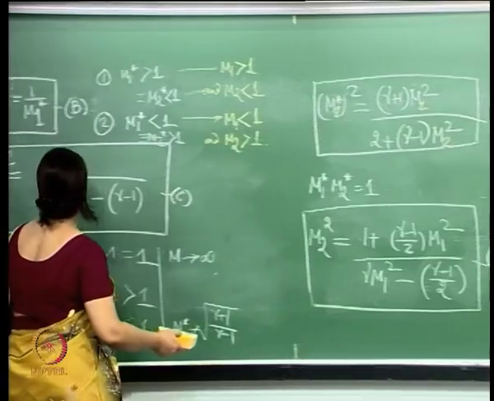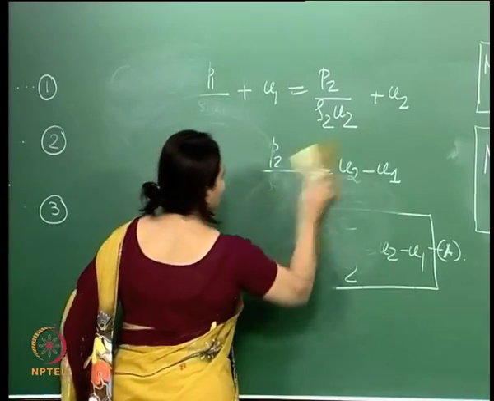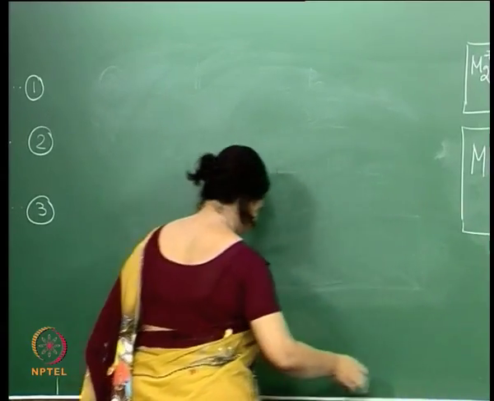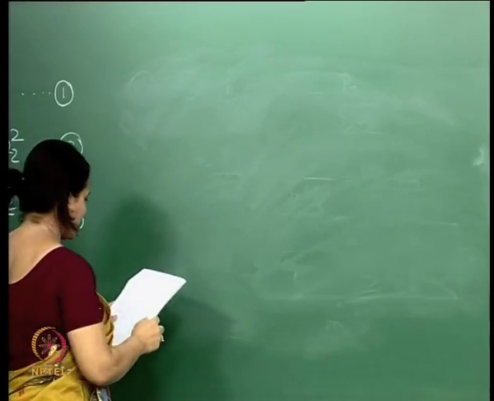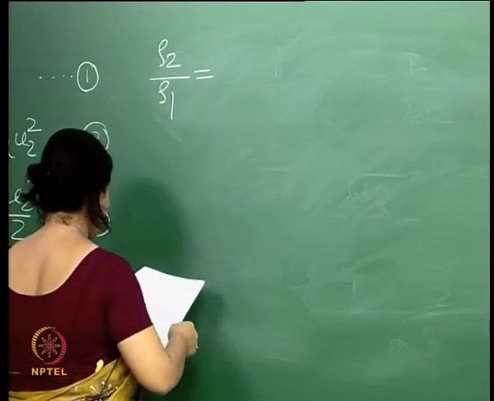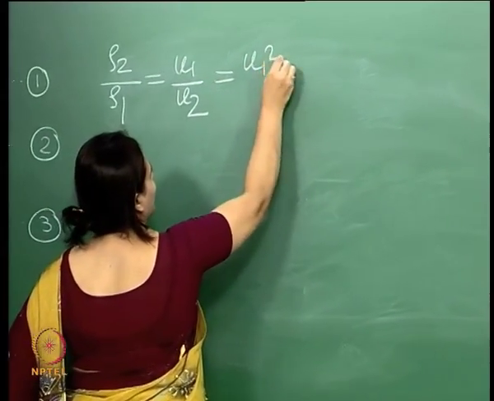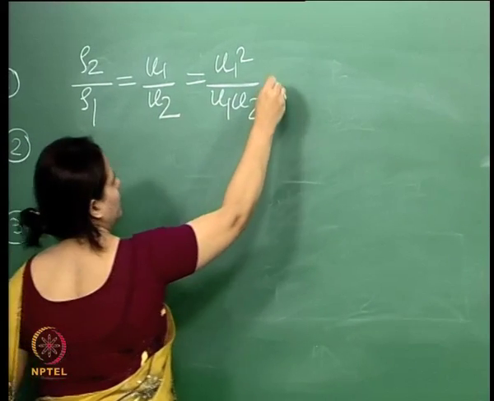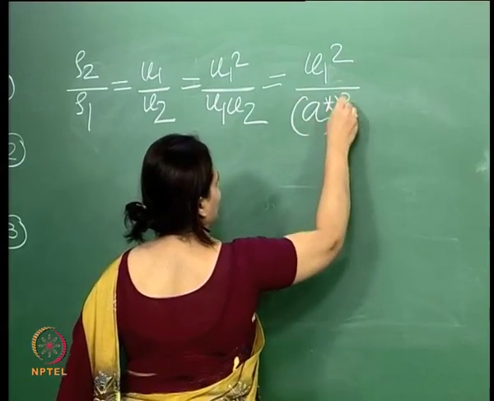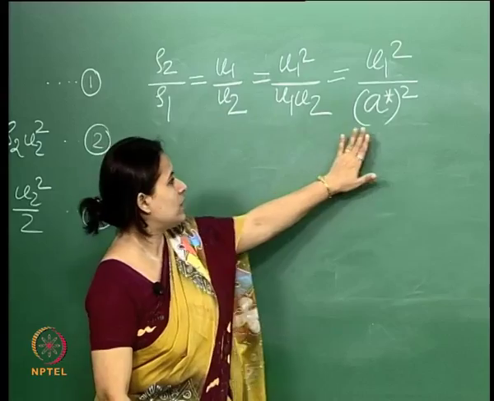Okay. If I do that, I will just write this as, now this is the Prandtl-Meyer expression, U1 U2 is equal to A star square.